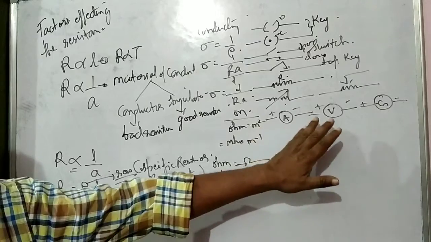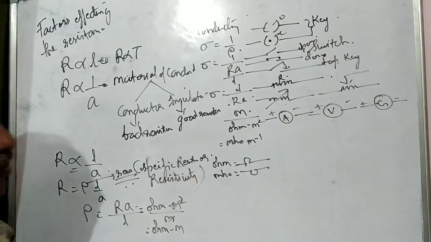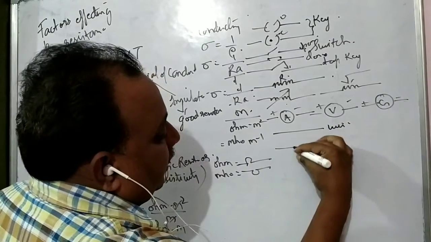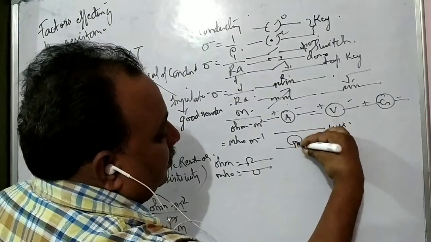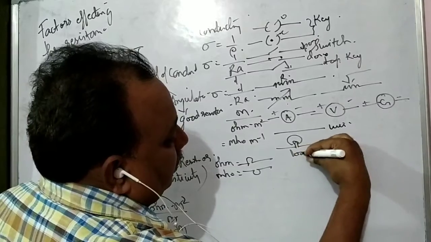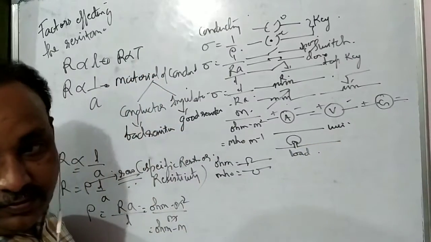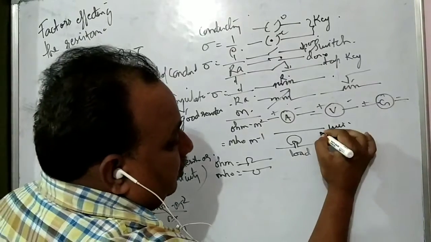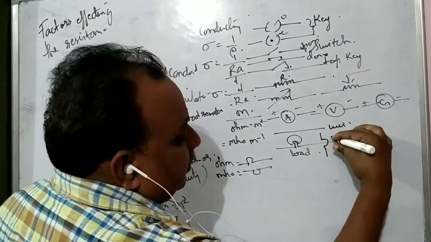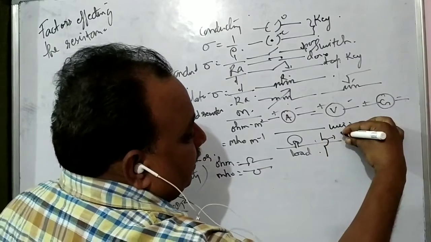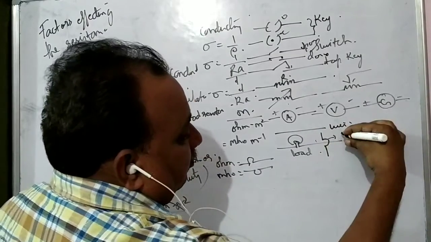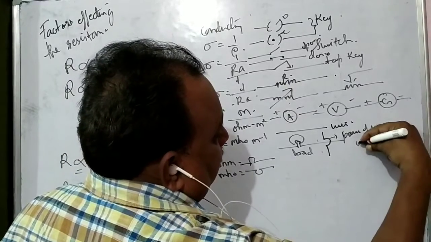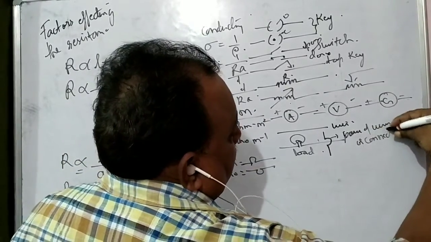In the symbols you can use several things. These are the symbols of wires. If you are connecting a load to a wire, this is the load. Is this clear? If you are connecting two wires, this is the symbol, which means there is a connection of wires.